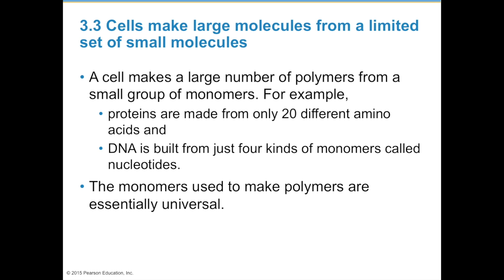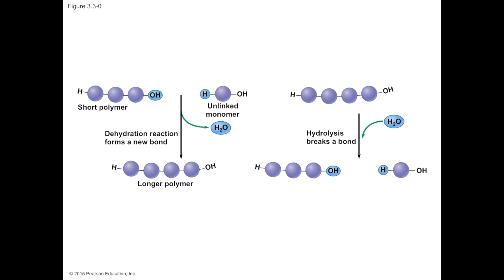So whether it's a carbohydrate, a lipid, which doesn't really have monomers, but that's a whole other thing, whether you're looking at a carbohydrate, a protein, or DNA, all of these are made up of monomers. At the end of this, you should be able to say what the macromolecule is and what the monomer is. That's the goal. And I'll make you a table as we're going through this.